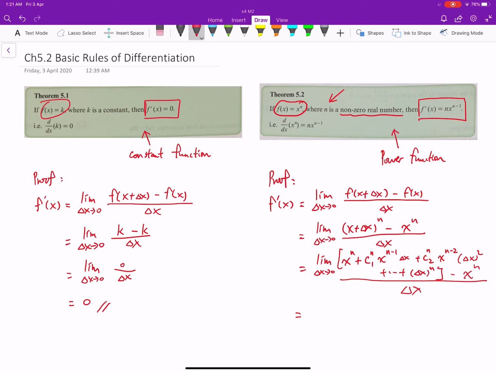You may notice that these two will cancel with each other. So we will get the limit as delta x tends to 0, and the delta x you can take out. So you get nC1 x to the power n minus 1 plus nC2 x to the power n minus 2 delta x, and so on up to delta x to the power n minus 1.